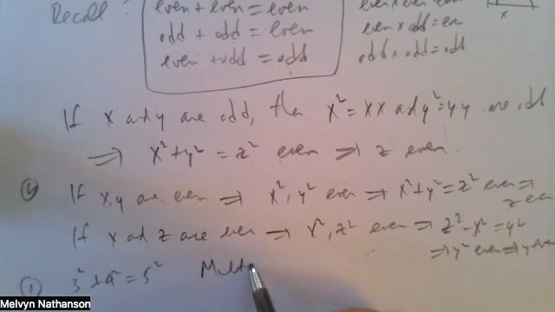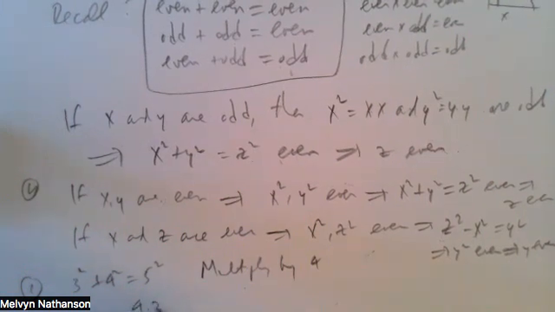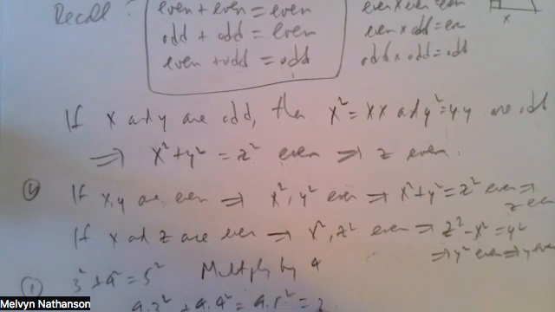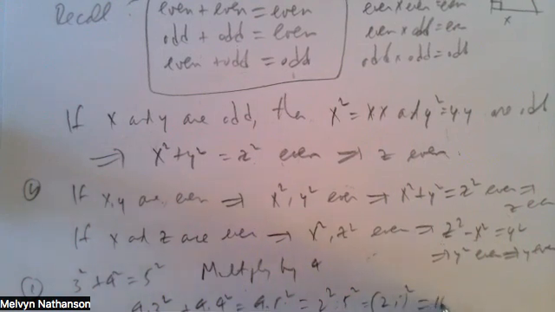Suppose I multiply by 4. I get 4 times 3 squared plus 4 times 4 squared is 4 times 5 squared. 4 times 5 squared is 2 squared times 5 squared, which is 10 squared.